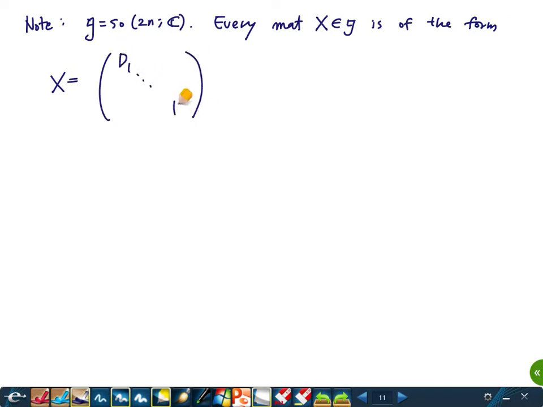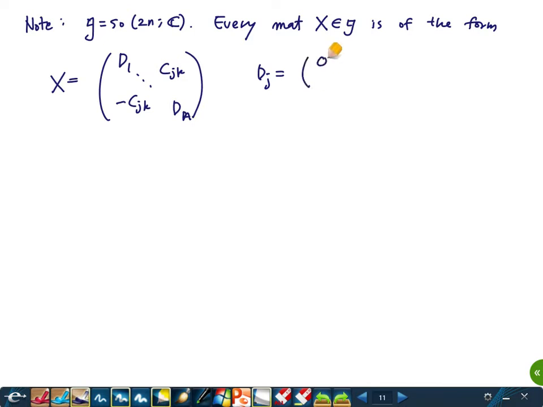Diagonal, I'm writing in 2 by 2 matrices. Diagonal, and then of course we may have something here and there, but the transpose must be equal to minus itself. So if we have c_jk here, we must have minus c_jk for every non-diagonal 2 by 2 matrix, because it is in so(2n, C). And of course d_j is a block diagonal matrix. Transpose is minus of itself, so the diagonal entries must be all zeros.